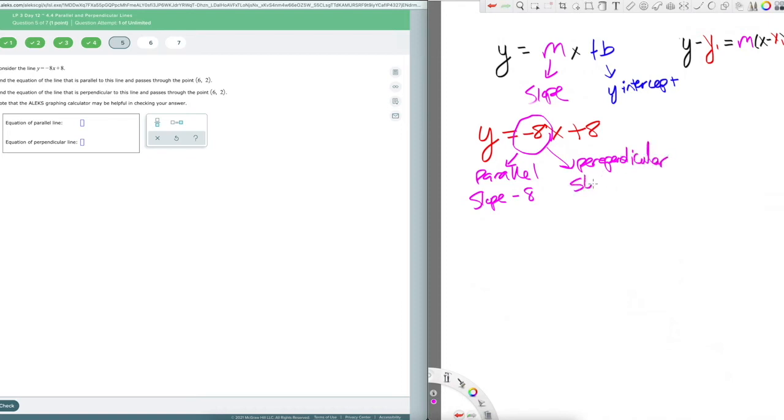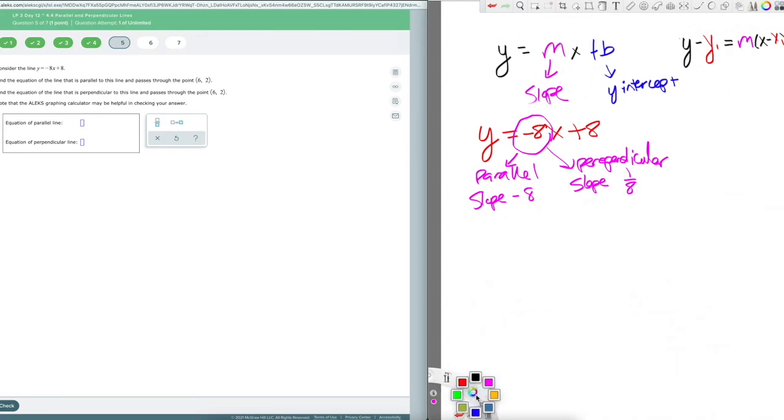Remember, there's a 1 under here, so I know we don't always put it there, but we're going to flip it over, and then it was negative, now it's positive. So there are my two slopes that I need to write these equations. And I'm going to use this point slope form. I'm given a point here, so I already know what my y and my x are going to be.